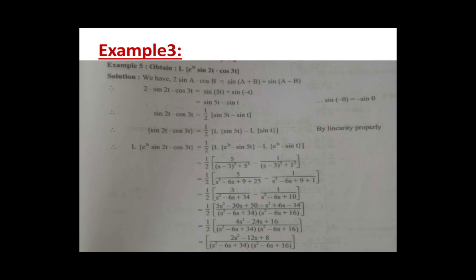Then third, obtain Laplace transform of e raised to 3t sin 2t into cos 3t. Okay, so we have 2 sin a into cos b equal to sin a plus b plus sin a minus b. So here we are going to use that formula. Which formula?